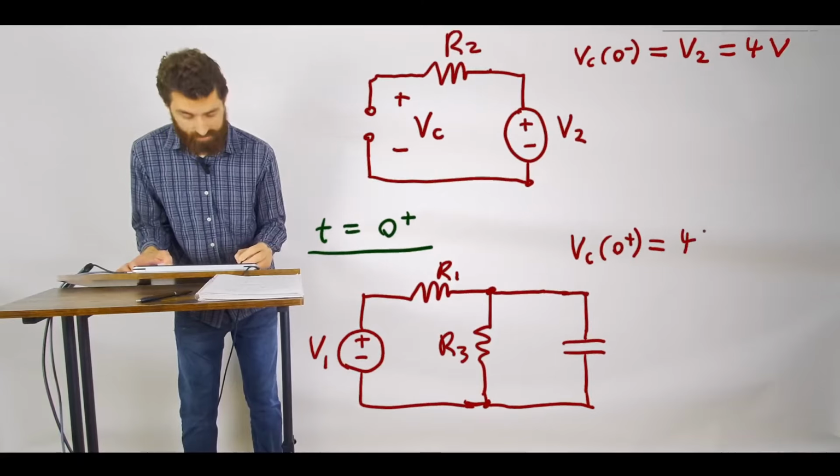And as I said, basically during this brief switching period, it acts like a voltage source. So what you can do is you can go ahead and replace this capacitor with a voltage source of 4 volts. And that's what it looks like just at that instant right after it switches.